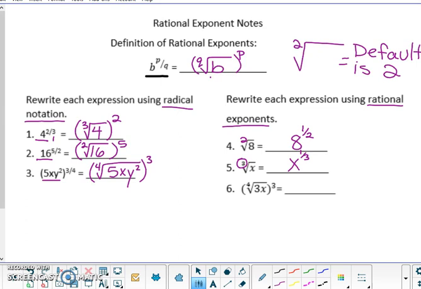Now, number 6 is particularly special. We have the fourth root of 3x all raised to the third power. Because 3x is our radicand, we must put that in parentheses so that our exponent will apply to the entire term and not just the x. Our root is 4, so that's going to be our denominator, and our exponent is 3.